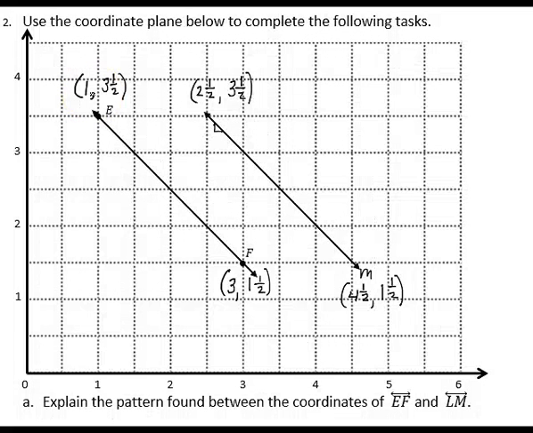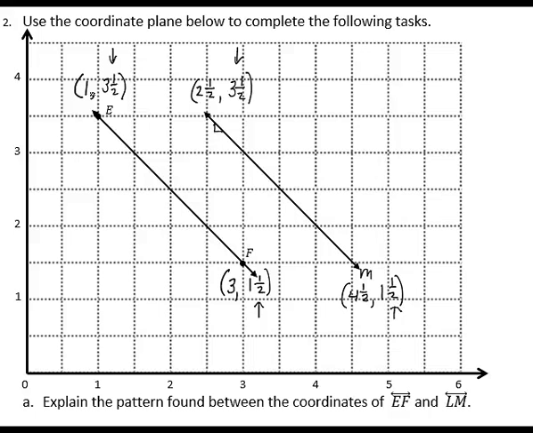The last question says, explain the pattern found between the coordinates of EF and LM. Well, I've written the ordered pairs right next to the points so we can look at the pattern a little bit better. If I look at E and its corresponding point L, I will notice that they both have the same y coordinate. And if I look at point F and its corresponding point, point M, they also have the same y coordinate.